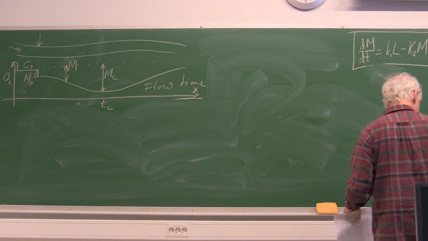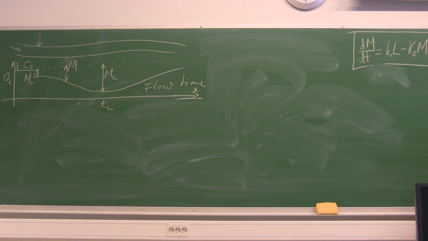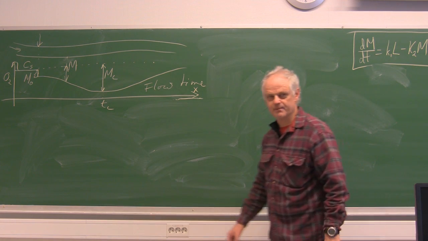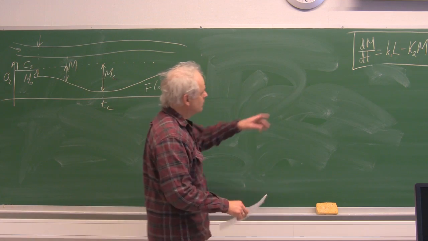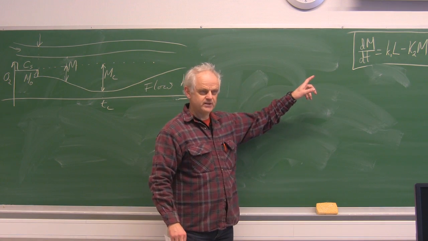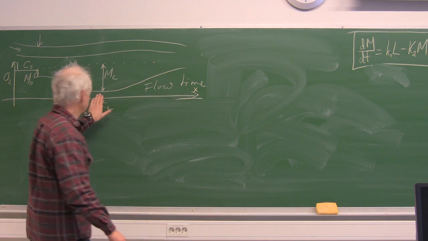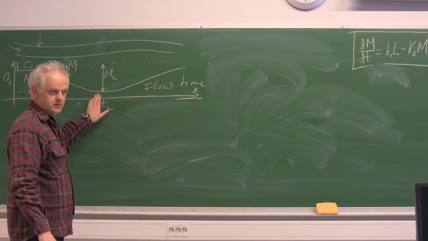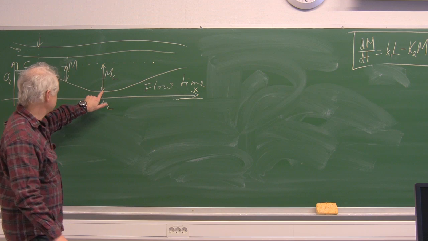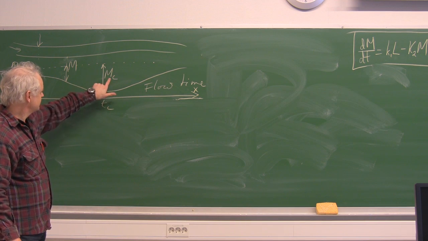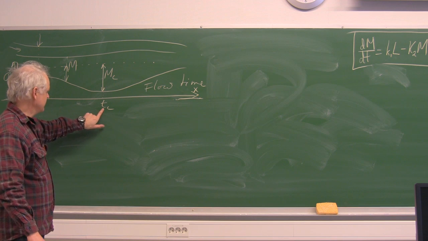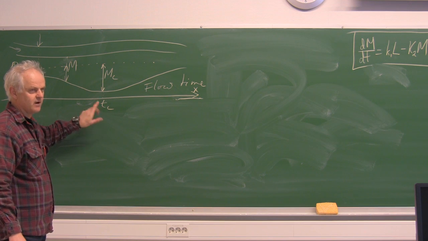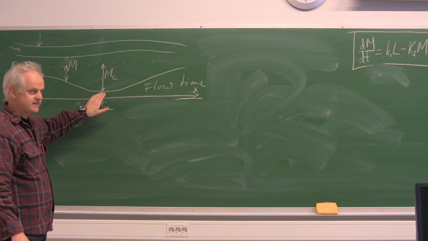So what's our next step if we want to find this critical point? Well, then we look at what we know about this equation when this occurs. It's 0, because we see that the change in m with distance, which we now have called time of flow, is 0 right there.